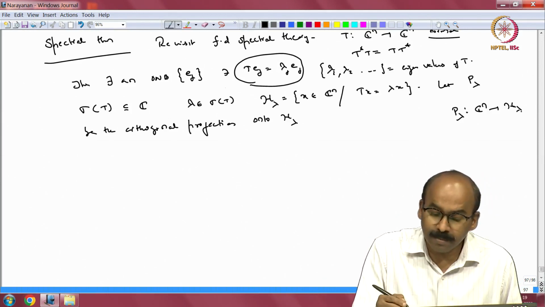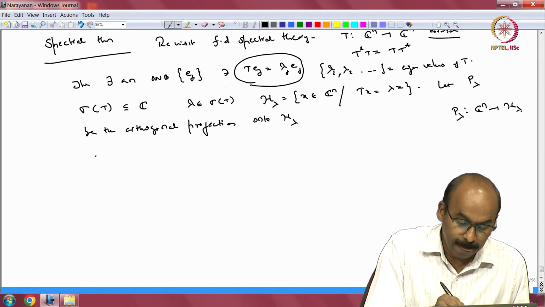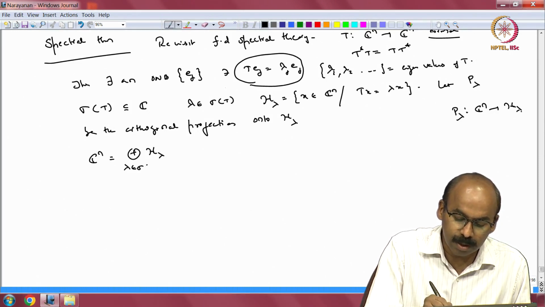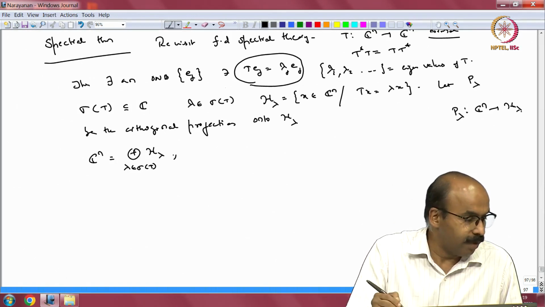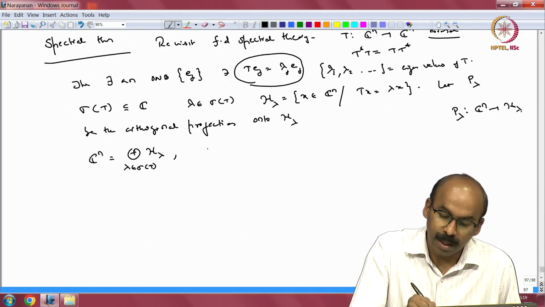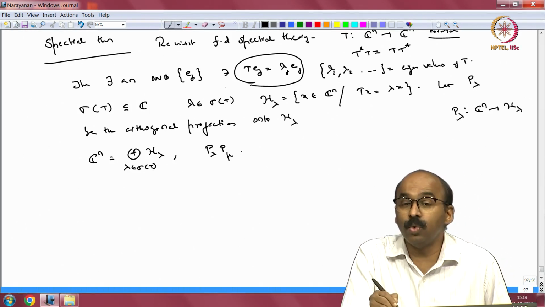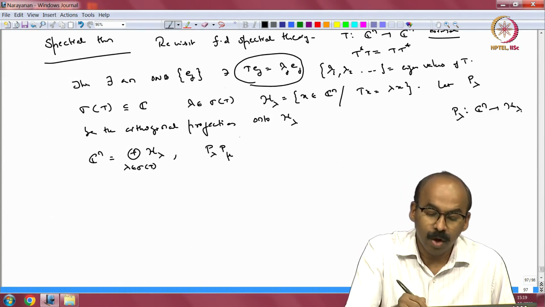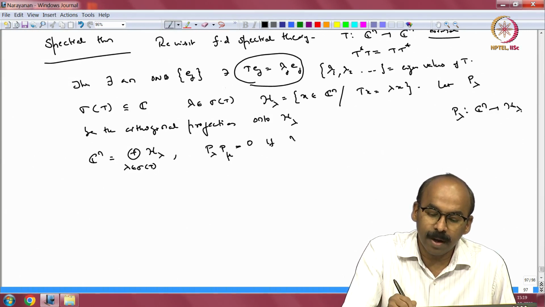So, the spectral theorem says that Cn actually decomposes into eigenspaces of the normal operator T, right. And we have these projections P lambda and they are orthogonal to each other. So, if I take two distinct eigenvalues lambda and mu, P lambda P mu equal to 0 if lambda not equal to mu.